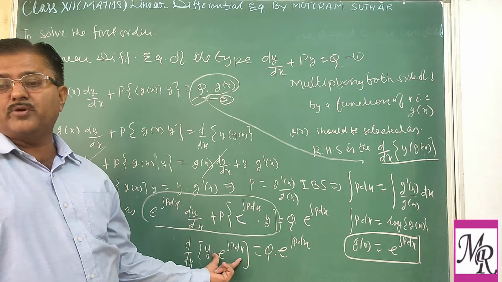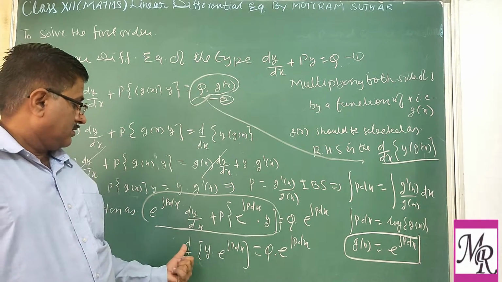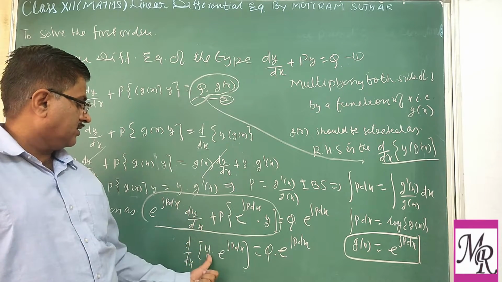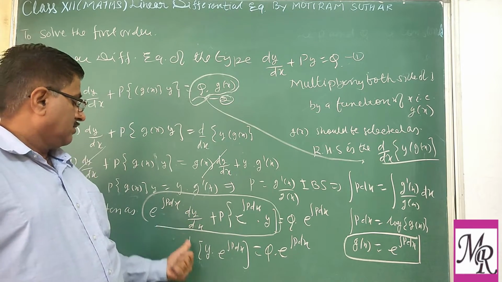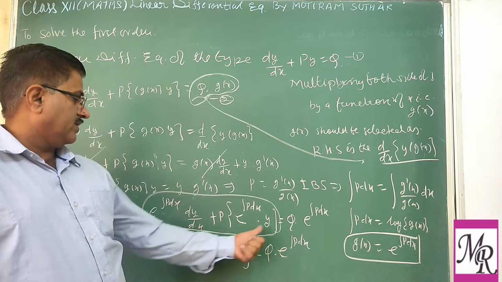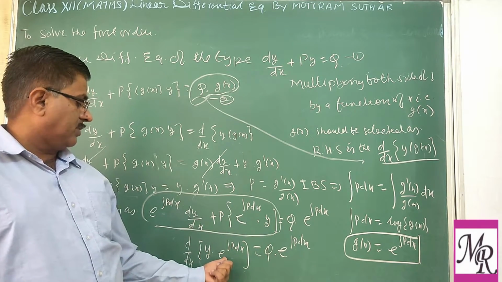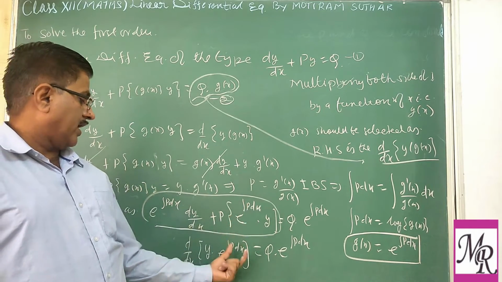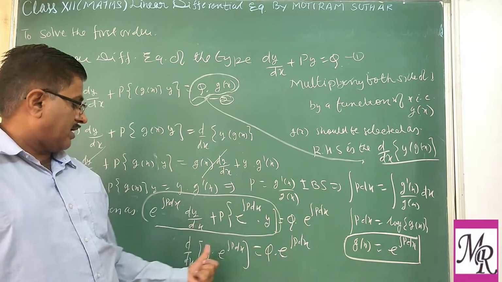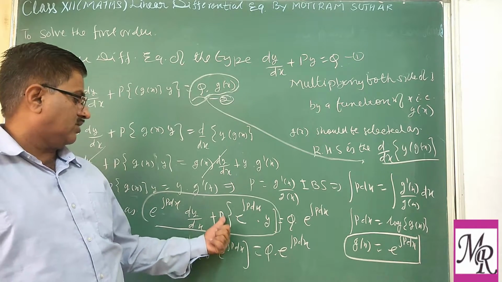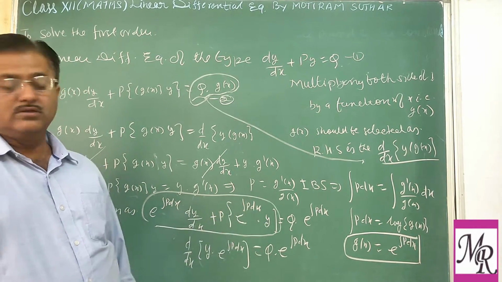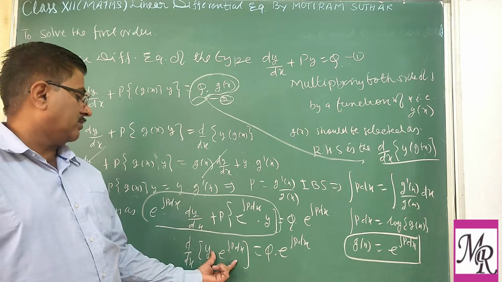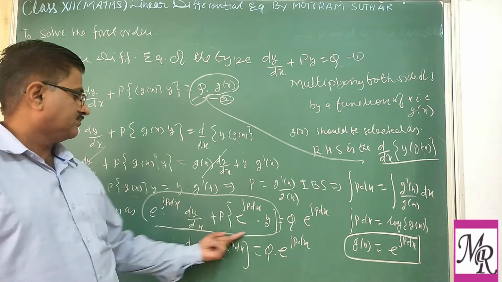Now if you use the product formula: derivative of the first function, that is dy by dx, into the second function, plus y as a constant, times the derivative of e to the power something, that is e to the power something, again times the derivative of the integration. Now derivative and integration cancel, so we only get p. So this is the formula, the derivative of a product of two functions is equal to this.